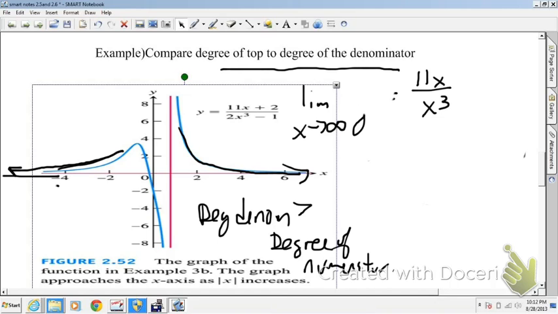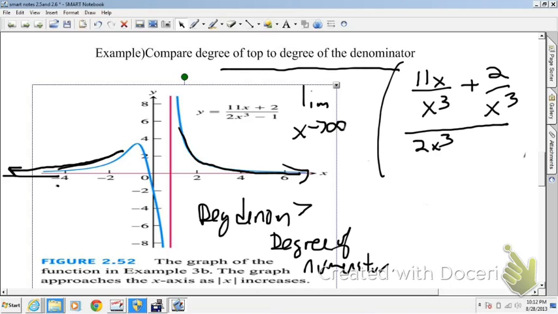Let me erase this y equals here and just operate on the part we're interested in. So 11x over x cubed plus 2 over x cubed, all over 2x cubed over x cubed minus 1 over x cubed.